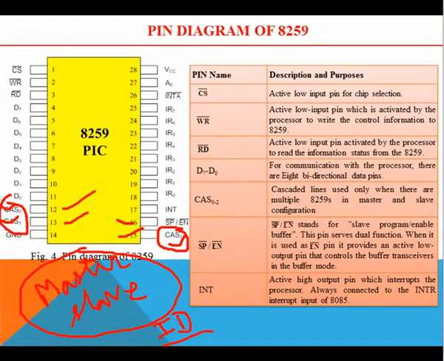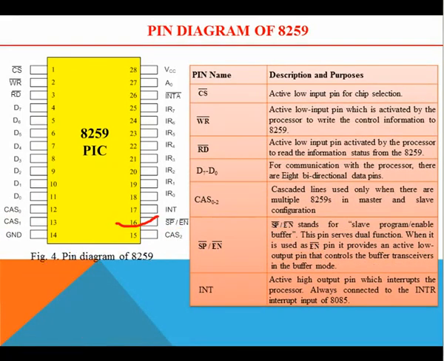Further, pin 16 is the SP/EN pin, where SP/EN stands for slave program or enable buffer. This pin serves a dual function. When it is used as the EN bar pin, it provides an active low output that controls the buffer transceiver. In non-buffer mode, the SP/EN pin is used to determine whether the 8259 is to be used in master mode or in slave mode.